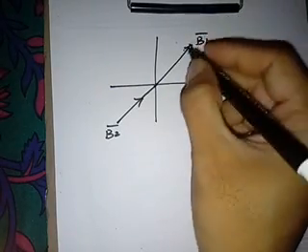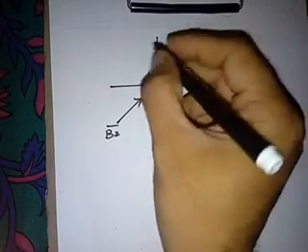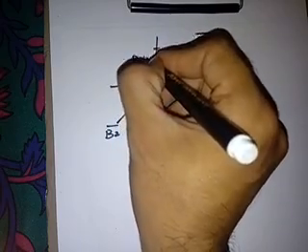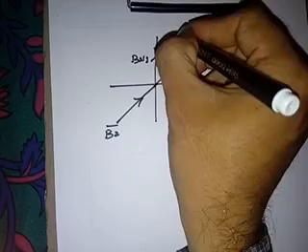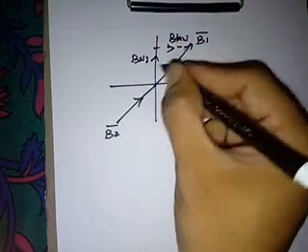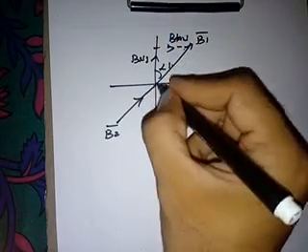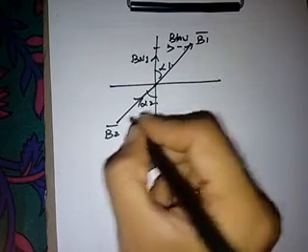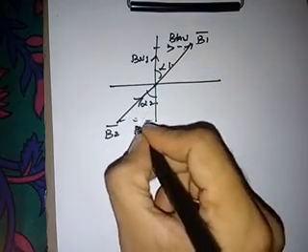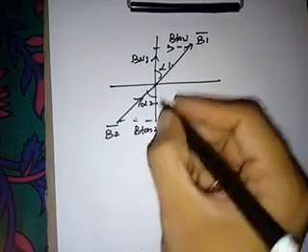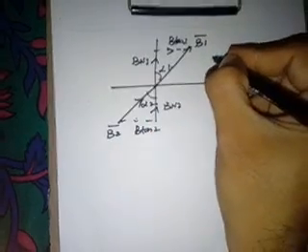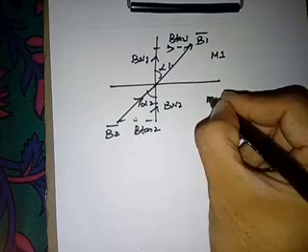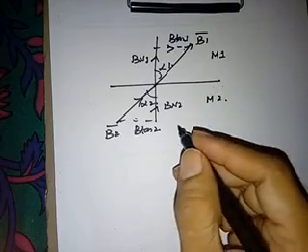This is Bn1 bar, and this is the tangential component B tan 1, this is alpha 1 and this is alpha 2. So this component is B tan 2, this is Bn2, this is medium 1, this is medium 2, correct.